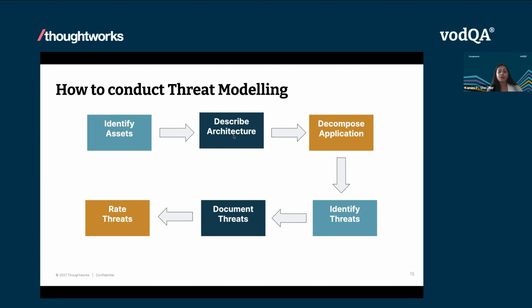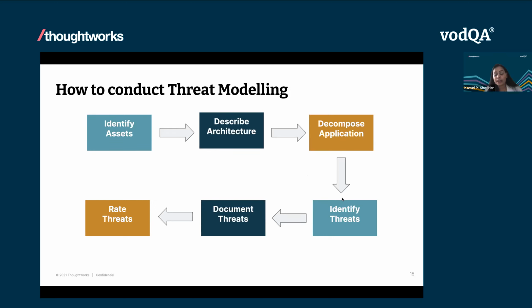Once we know the components, by use of that architecture, we'll decompose the application, meaning we'll try to break that architecture into different components so that we can identify a number of threats and uncover all the security issues with every component, and we can identify the majority of threats of the system, right? So the third step says decompose application.